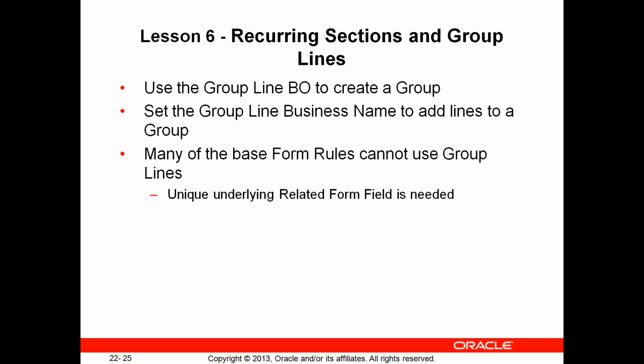And as a result, since many of our base form rules deal with related form fields, they will not work if you start using group lines. So that's important to be aware of as you look at these group line form rules.